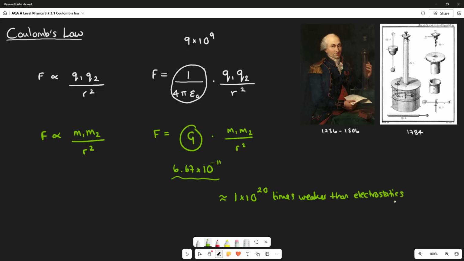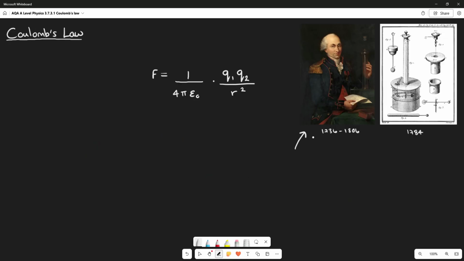It is not known why gravity is so weak compared to electrostatics. It is an area of current research. One of the many theories is that gravity is actually spread and shared across multiple dimensions, and that's what makes it so much weaker.